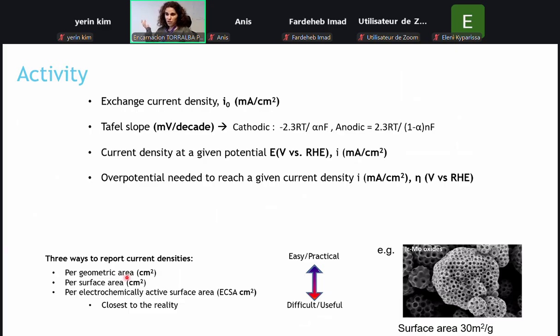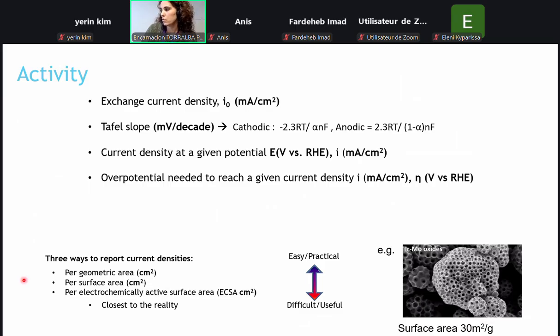Okay, this is fine. But if I do not have a polished metal, and I have nanoparticles, or a nanostructure, or nanopores, like here, for example, this catalyst is far from being polished. So in this case, it's much better not to give it by the geometrical area, but by the surface area.